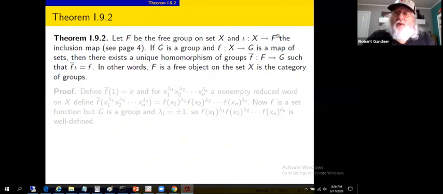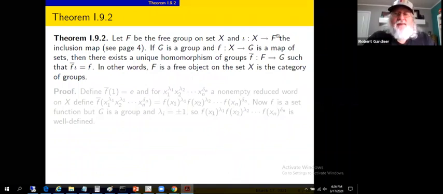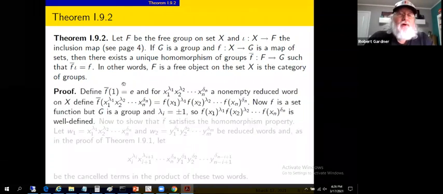Okay, so we need to establish something about a unique homomorphism. We need F bar in this setting. Define F bar of the empty word to be the identity.